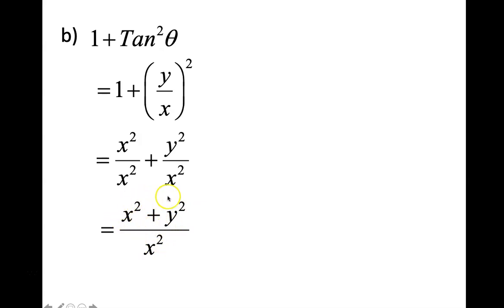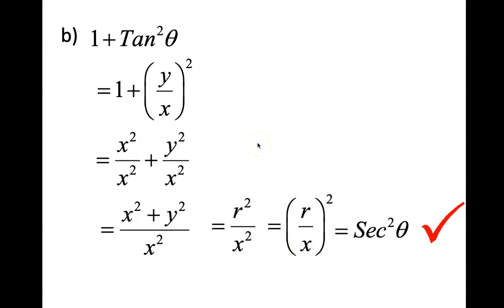And if you recall, with your right triangle trig, x squared plus y squared is really r squared. And r squared over x squared can be written as (r over x) squared, and r over x is just another way to write the secant function. So r over x squared is just a secant squared. So when I gave you 1 plus tangent squared theta equals secant squared theta, there's the proof.